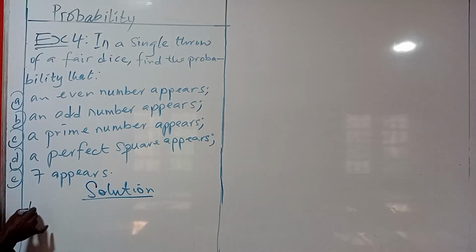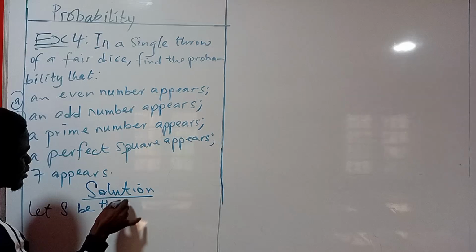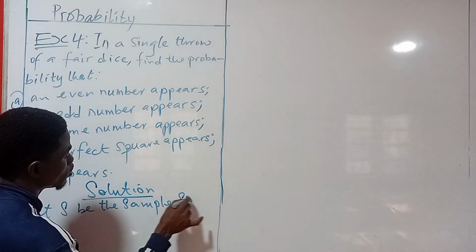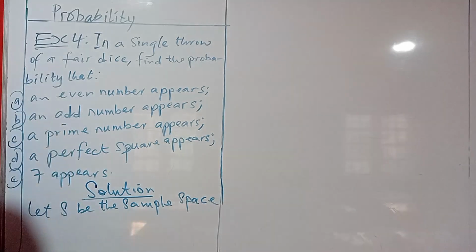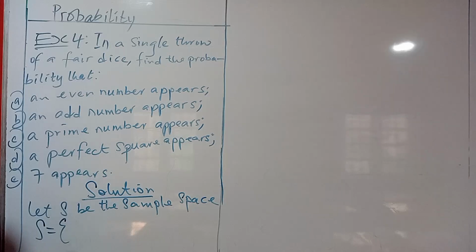So let's run as usual. Let S be the sample space. You know the meaning of sample space. That is the possible outcomes. In this case we have a die, right?